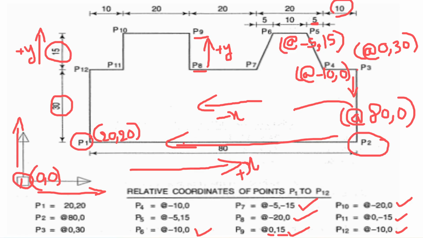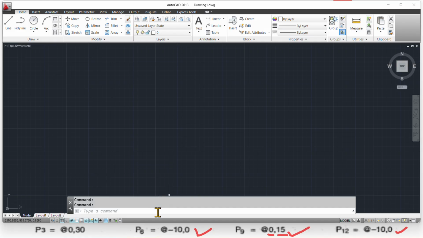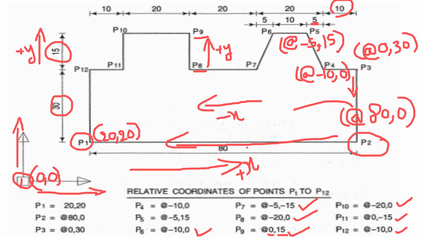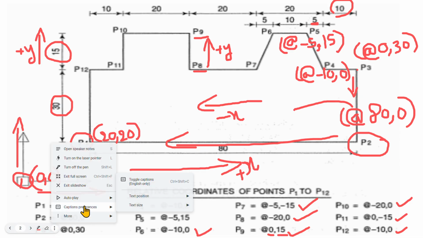Now we'll try to draw the same thing in AutoCAD. This is the AutoCAD interface. We already saw this one. We are using the AutoCAD 2013 version. Now we will construct a rectangle similar to our previous session.